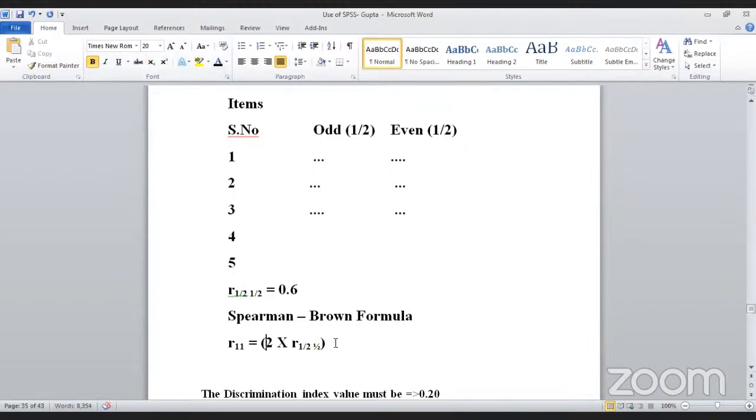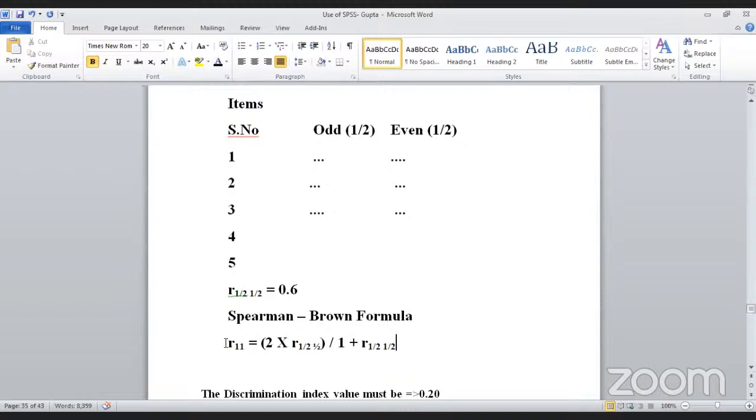And then this is divided by 1 plus R half-half. Now you should understand you cannot have minus here, because if it is minus, then correlation will be more than 1. And the correlation value cannot go more than 1. So that is why you have to use plus.